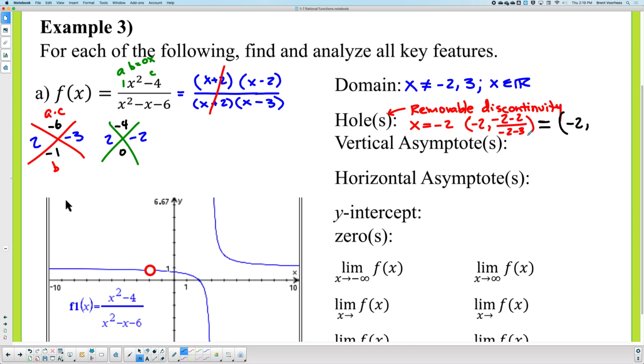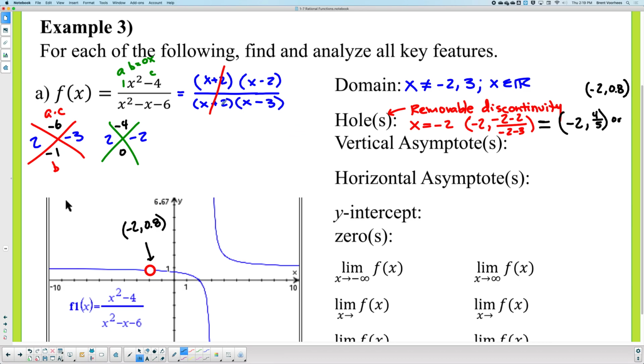Can I turn it positive? Yeah, it's 4 over 5. And you could leave it as 4/5, or you could do it as 0.8. Very good. Or negative 2 comma 0.8. That's what that value is right there. That point is at negative 2 comma 0.8. That's where that open circle would be.